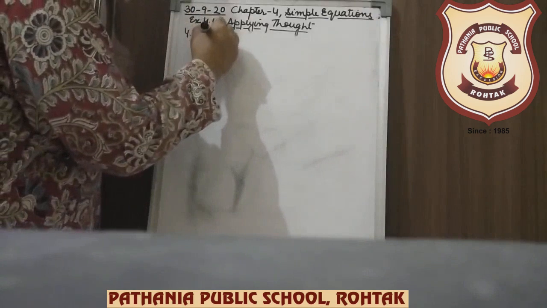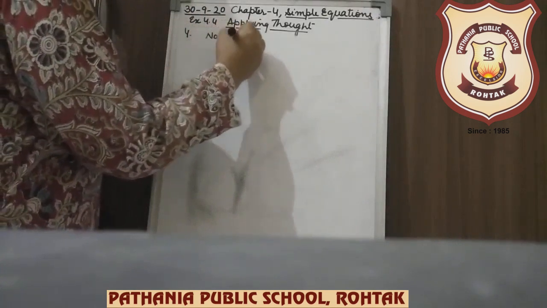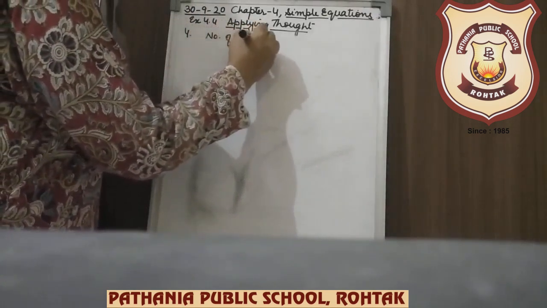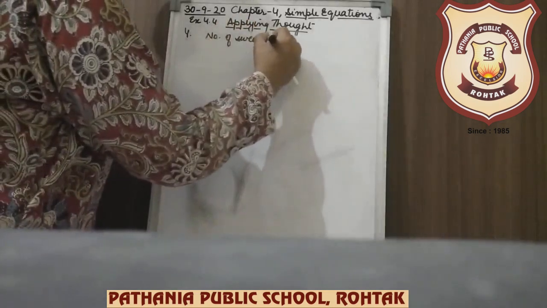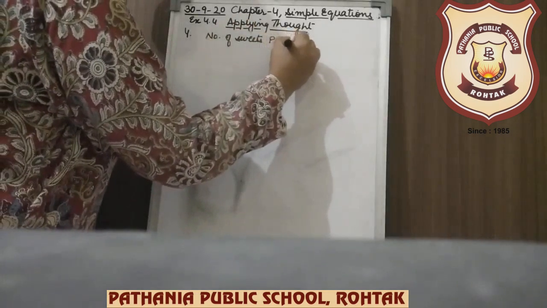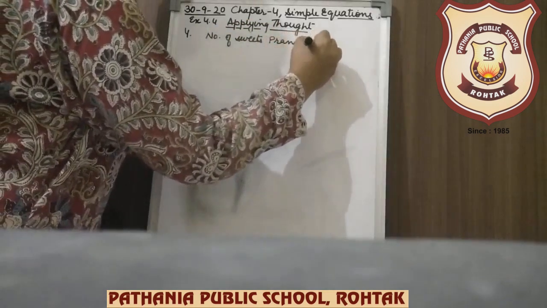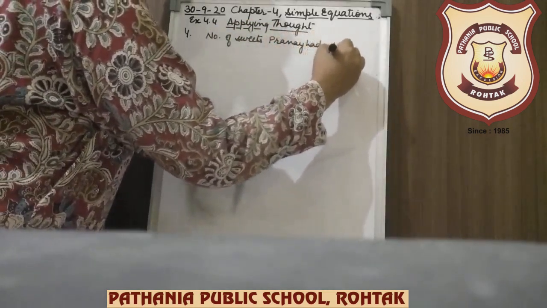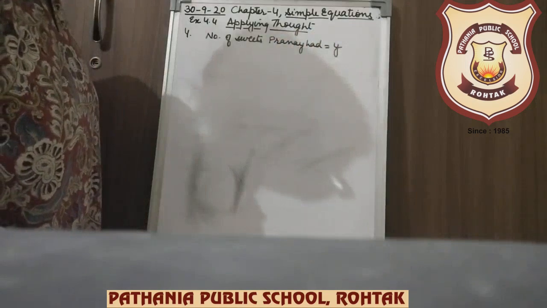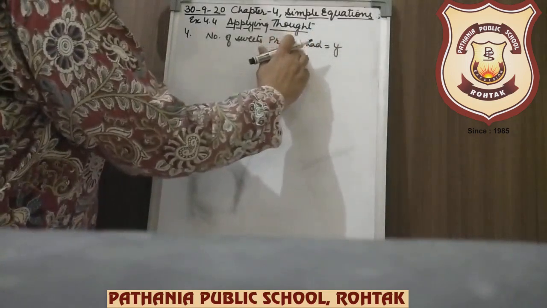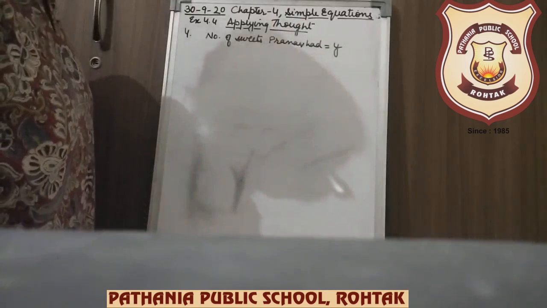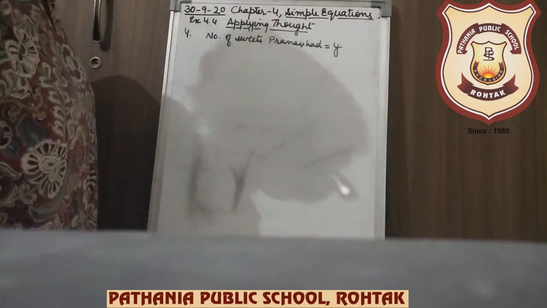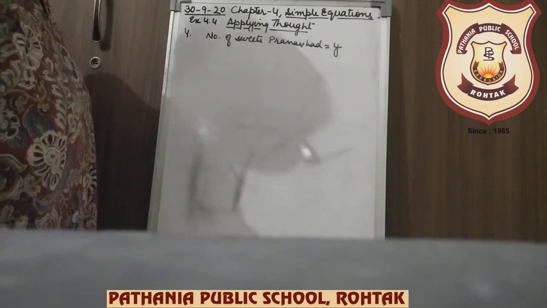Number of sweets Pranav had is equal to Y. It is not Pranay, it is Pranav. He gave 3 sweets each to his 6 friends.